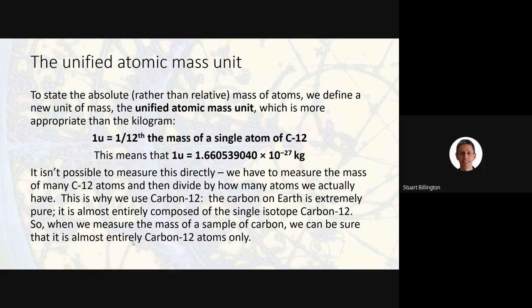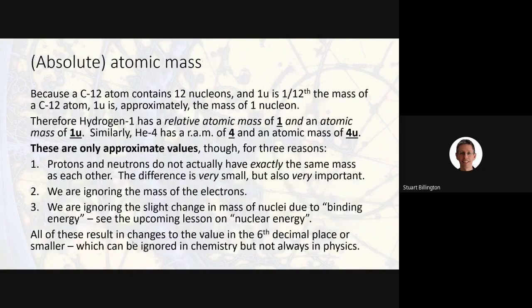Okay, so having established the atomic mass unit, we can now talk about absolute atomic masses rather than relative atomic masses. By making our choice of unit to match the mass of the nucleon, to flick between relative atomic masses and absolute atomic masses, people don't use the word absolute, they just say atomic mass.